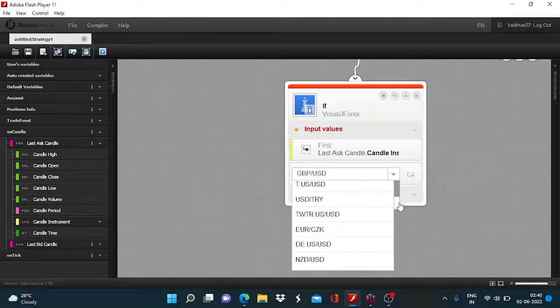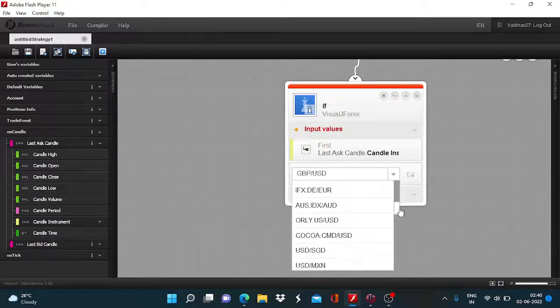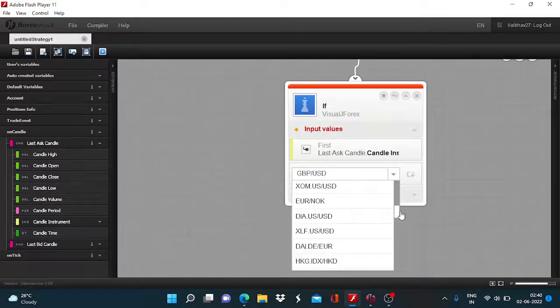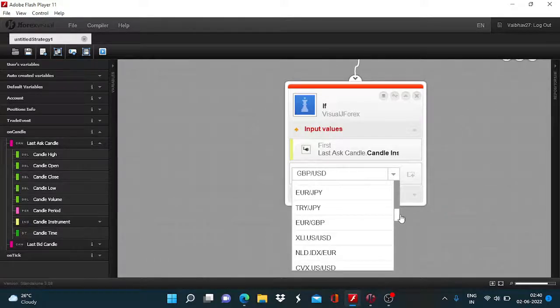So I have to find Euro USD amongst all these instruments. Sometimes it does get tough when I happen to overlook.